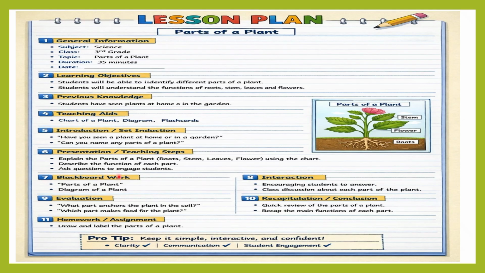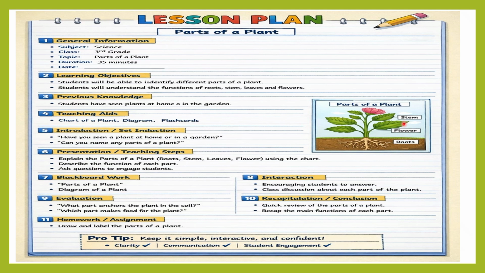Ask questions to engage the students. Here no passive teaching is going on, where the teacher just goes on explaining that the stem holds the plant, or this is the function of the flower, or this is the function of the root. No, the teacher is interacting with the students and she is asking the students also to come up with the answers.